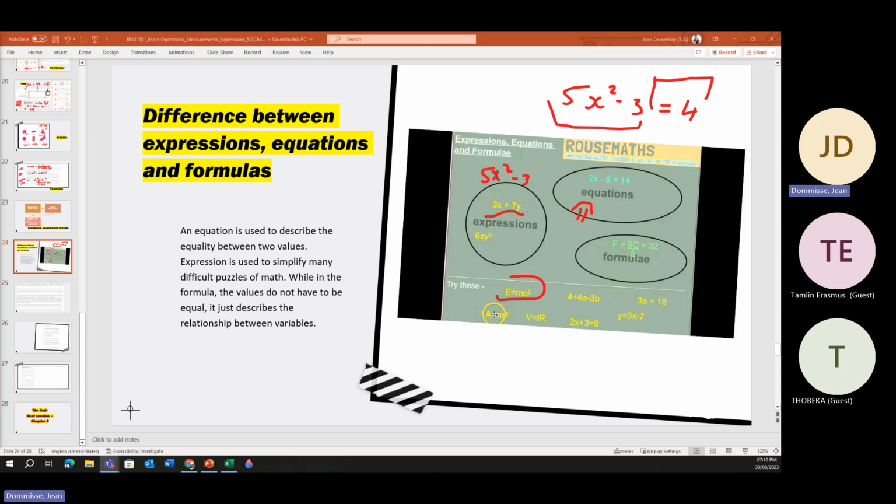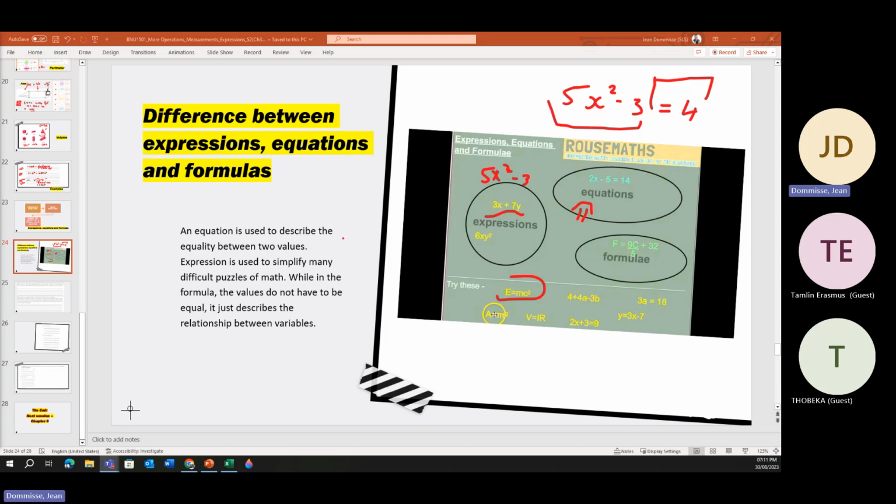They can ask you to write the expression, so they can ask you to say, write the expression if X is apples, Y is lemons, write it as an expression if you have 3 lemons and 5 apples or something like that.